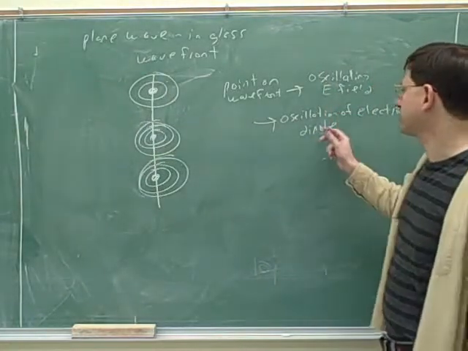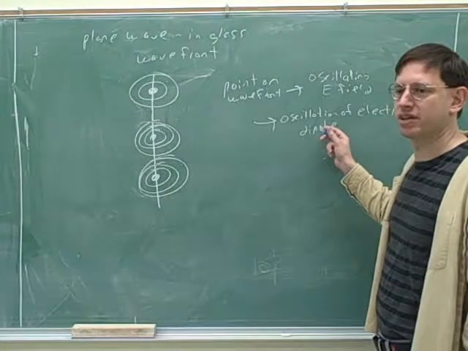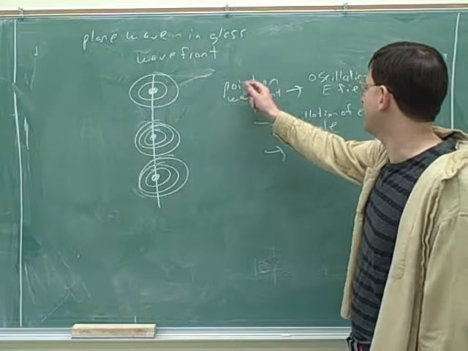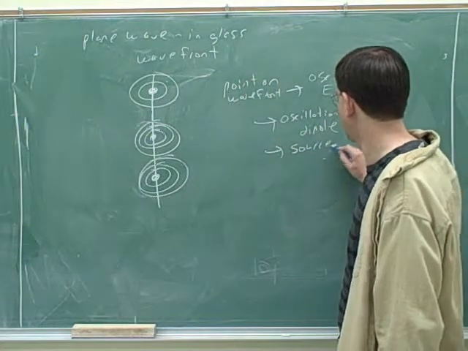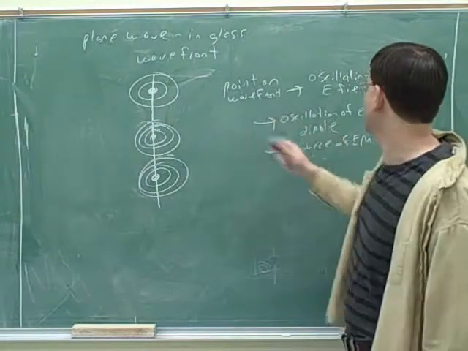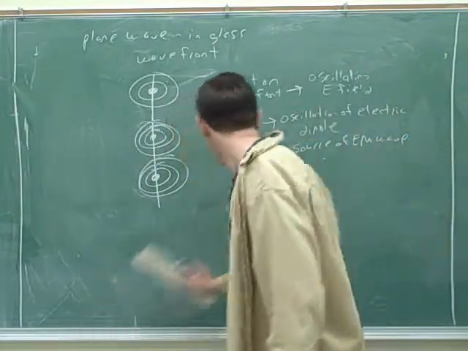But we know that anytime an electric dipole is oscillating, that is a source of EM waves. Well, that explains Huygens' principle. So we've just shown that that point is a source of EM waves. I guess I should put in the extra step.